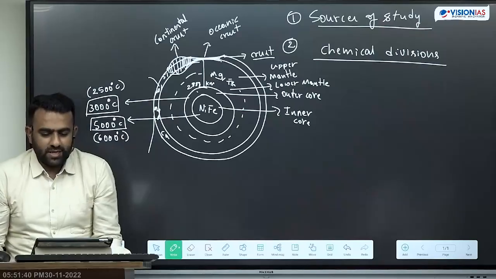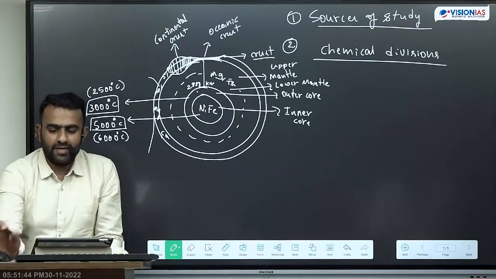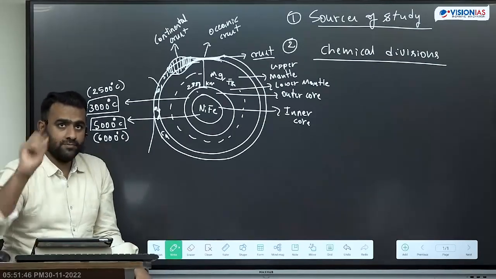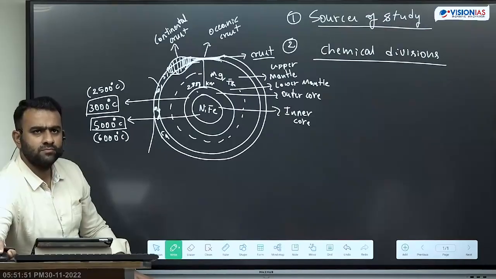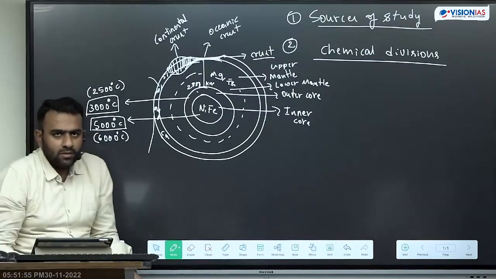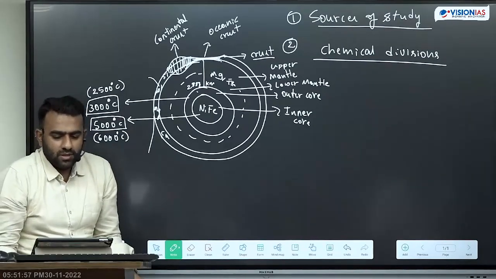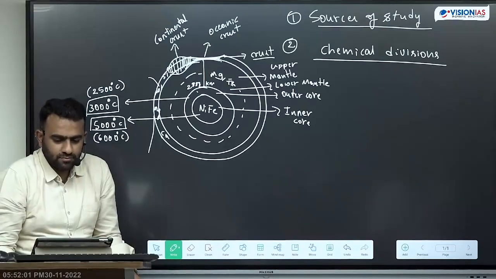It is denser than crust and lighter than core. Next point.